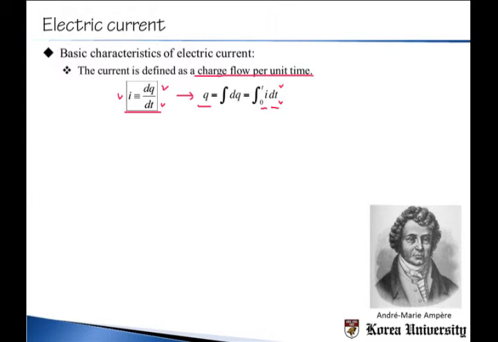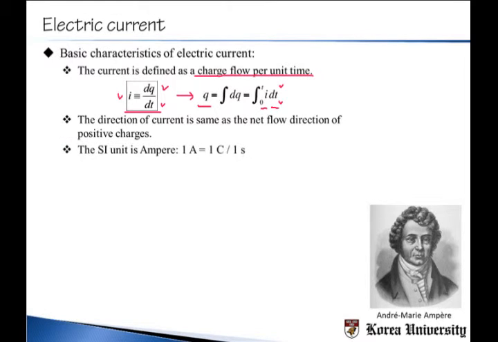This will be the amount of charge that has passed, or the amount of charge that has been accumulated in a certain device. And we already said that the direction of current is the same as the net flow direction of positive charges. You can also say that it is the opposite of the direction of net flow of negative charges.